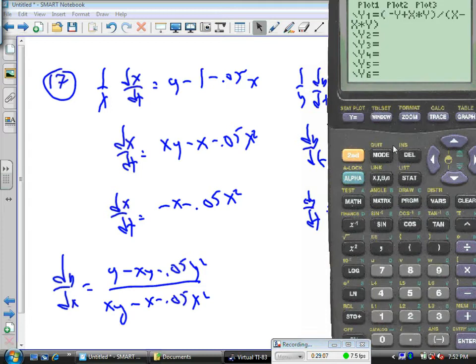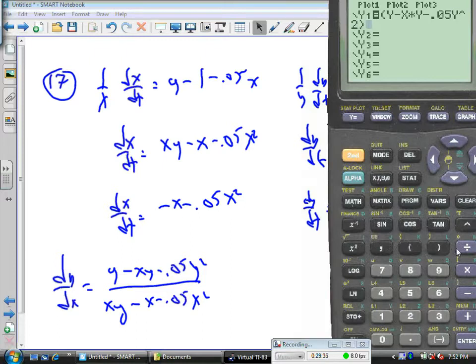So I've got to change y equals to this crazy mess. All right, so open parentheses for the numerator, alpha y minus x times alpha y minus 0.05 y squared, so alpha y squared.